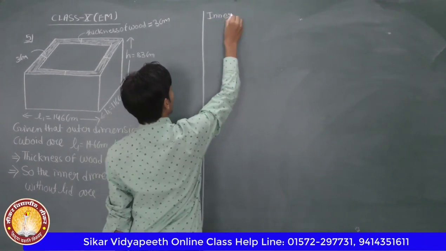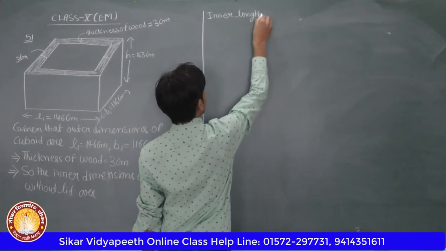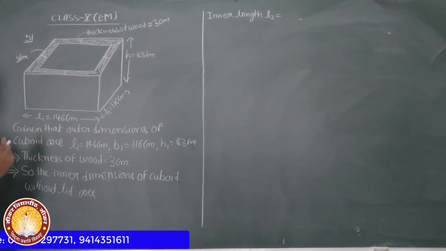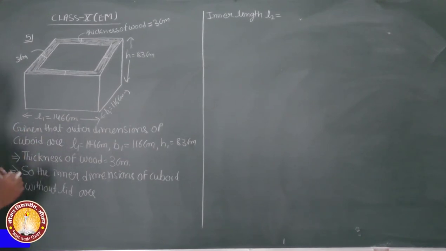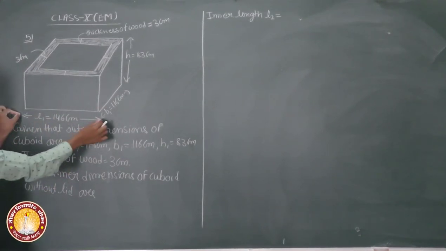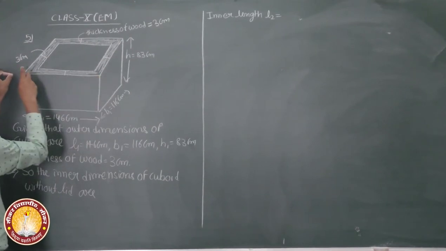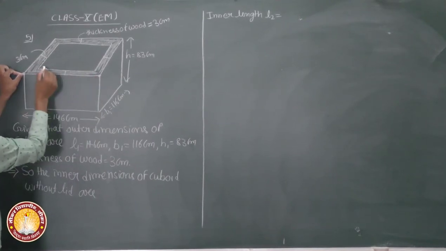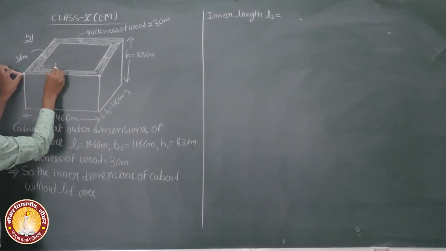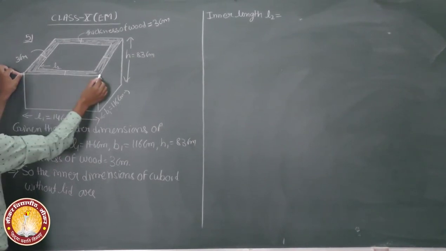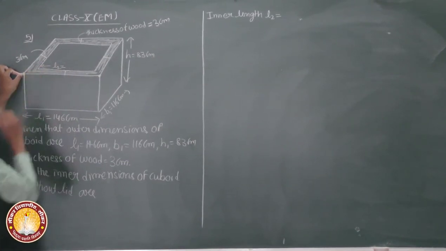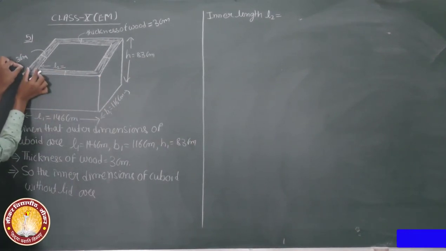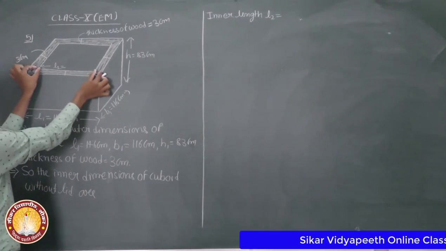Inner length L2: the thickness of wood is 3 cm on this side and 3 cm on this side.